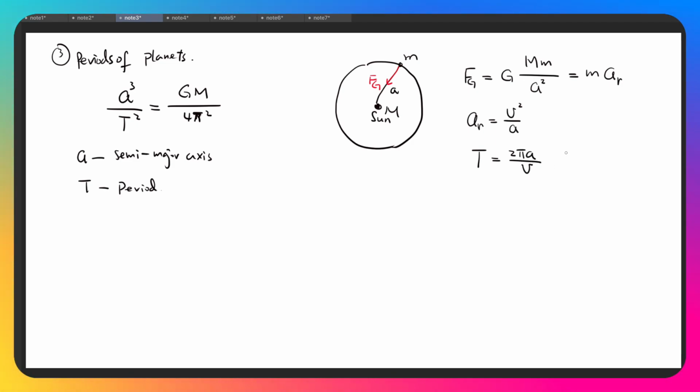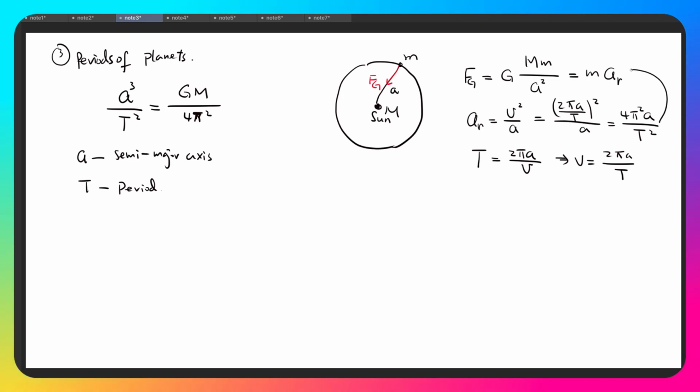So we can replace v by 2 pi A over T. Let's do that here: (2 pi A over T) squared over A gives 4 pi squared A over T squared, because there's another A here, so we partly cancel the A squared.